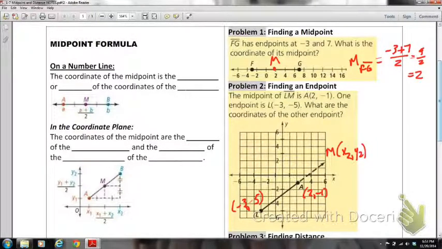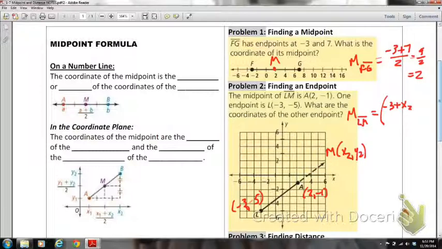To do this, you need to apply the midpoint formula. The midpoint formula for LM is going to be: the x coordinate for L is -3, and you're going to add your two x coordinates together.